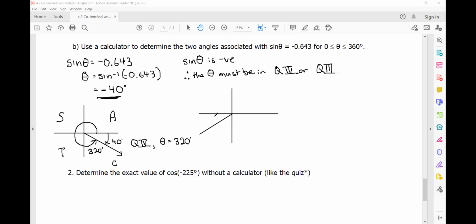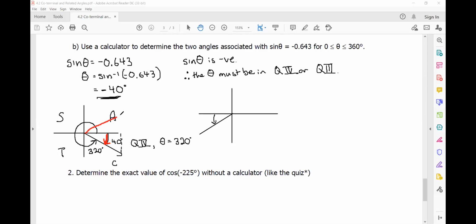But I don't know what that angle is. What's my reference angle? Trick question. This part already gave me what the reference angle is. Consider this. If I take this negative 40 degrees, it's actually at exactly the location where we would have drawn a congruent triangle.